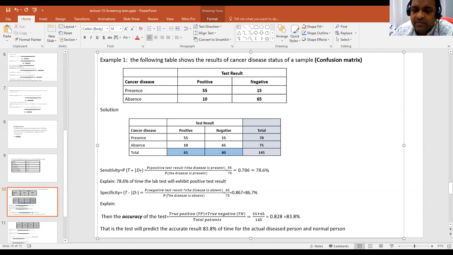That is because sensitivity is nothing but the conditional probability of giving a positive test result, given that the individual actually has the disease.